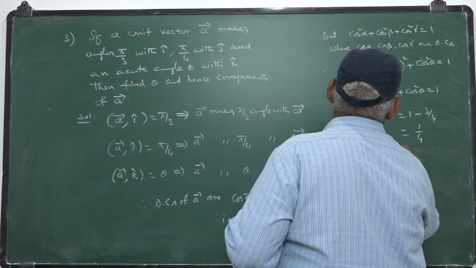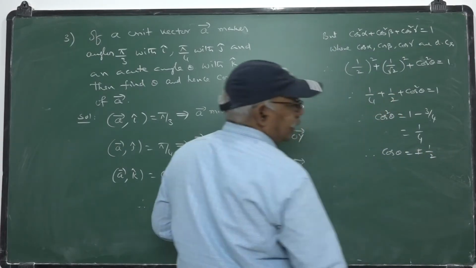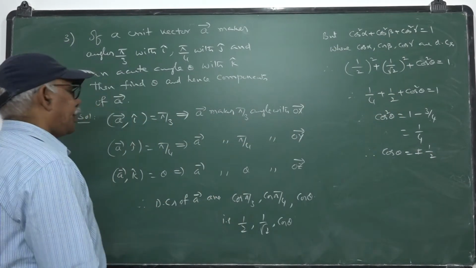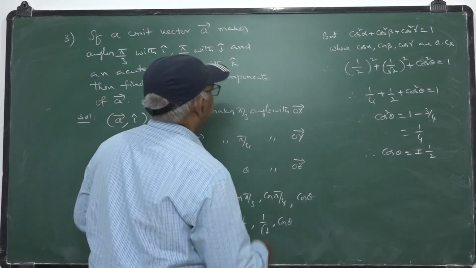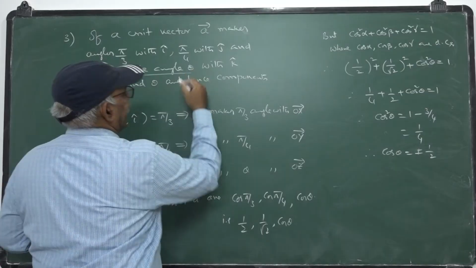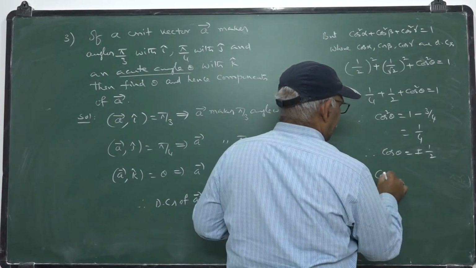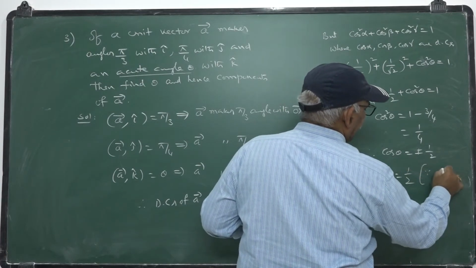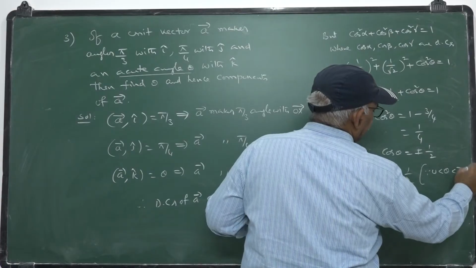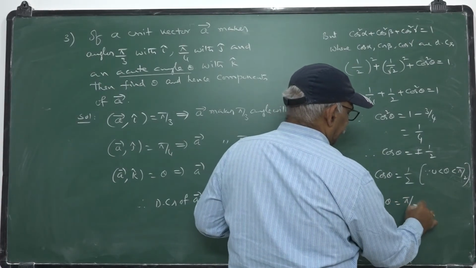Cos theta takes the value plus or minus 1 by 2. Since theta is an acute angle, 0 to pi by 2, cos theta takes only the value 1 by 2. Therefore, theta takes the value pi by 3.